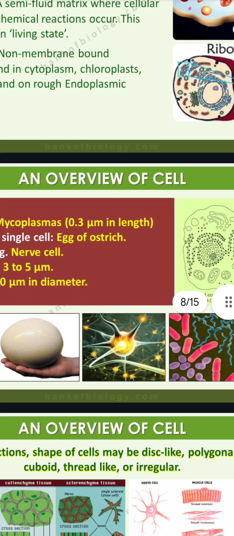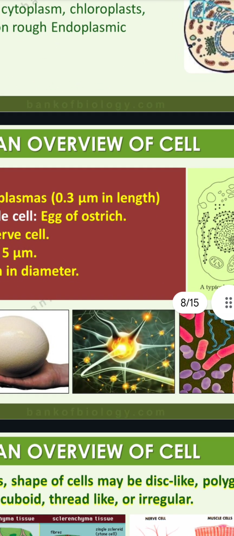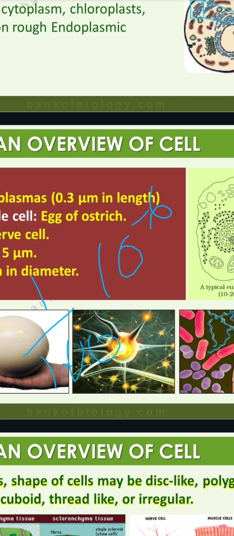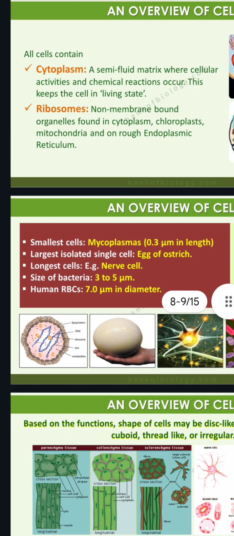Its diameter is about 0.3 micrometers. A micrometer is 10 to the power of minus 6, that is 1 divided by 10 followed by 6 zeros. That much small it is. Imagine how small it is.